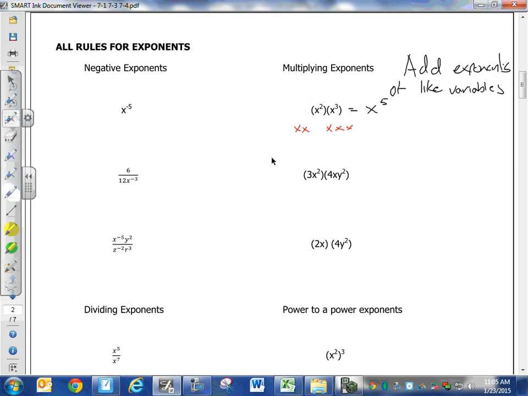The next one I want you to do on your piece of paper. Tell me what 3x squared times 4xy squared is. When in doubt, write it out.